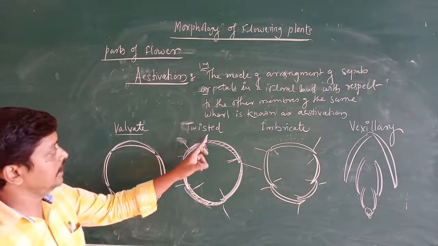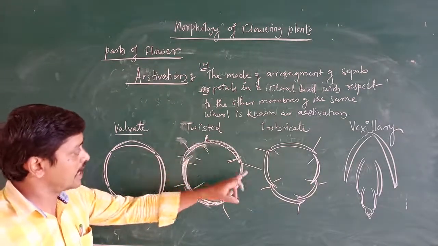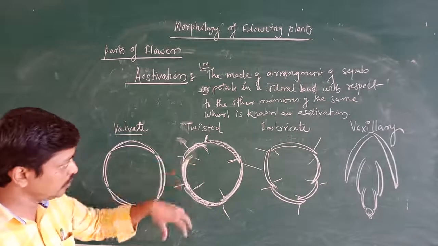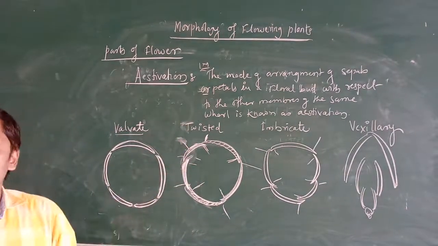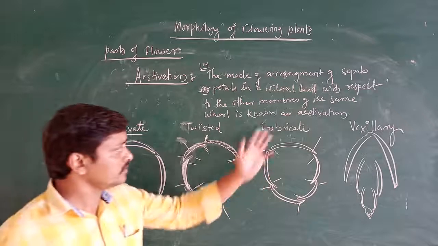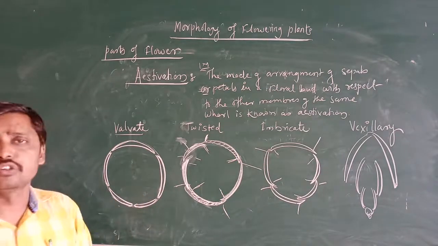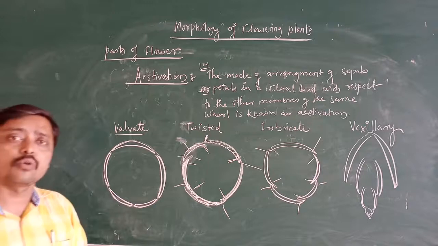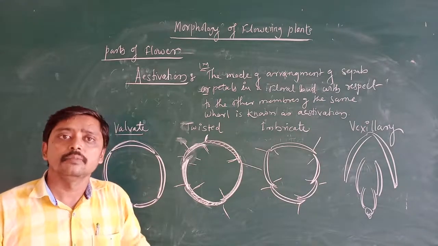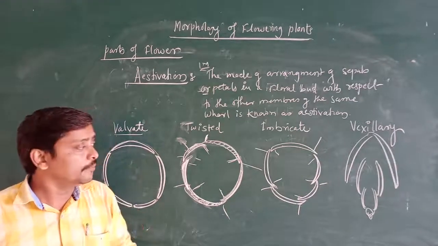In the sense, see, one is outside, inside, likewise it is going to continue. That is what we are going to call twisted aestivation. Next one is imbricate aestivation. Here also we find the sepals or petals overlapped with one another, but there is no particular direction.